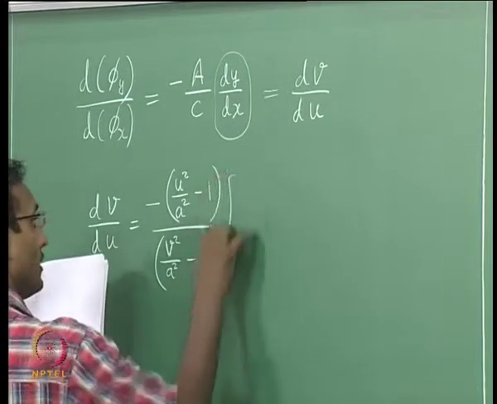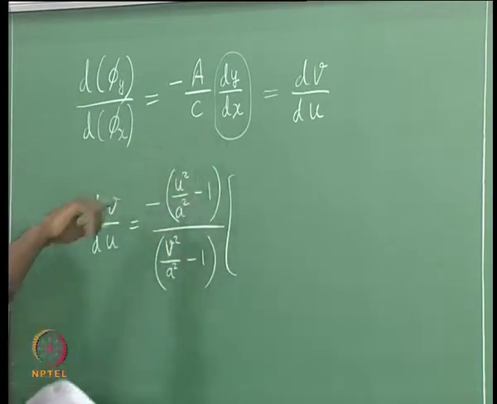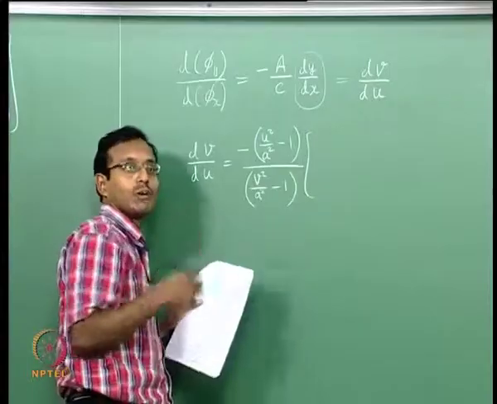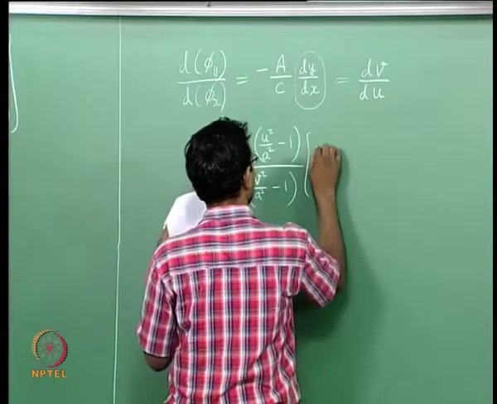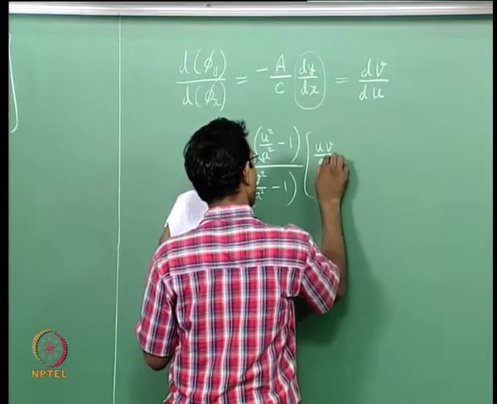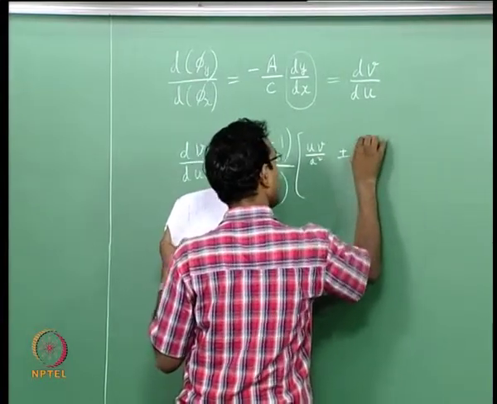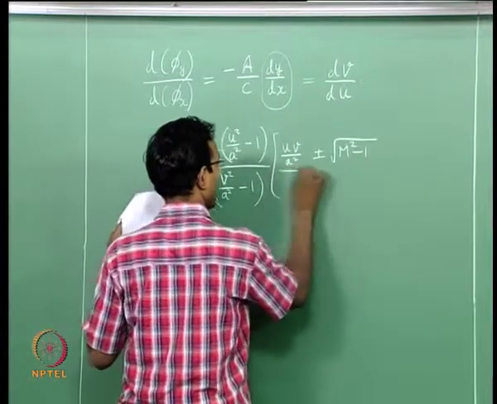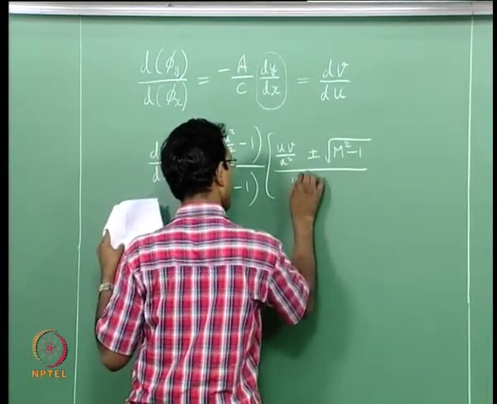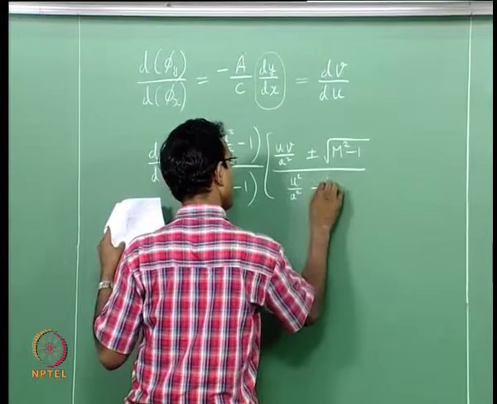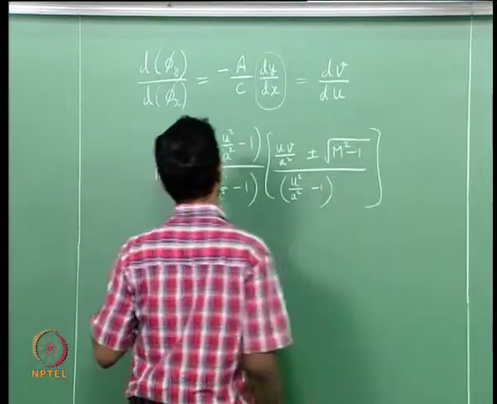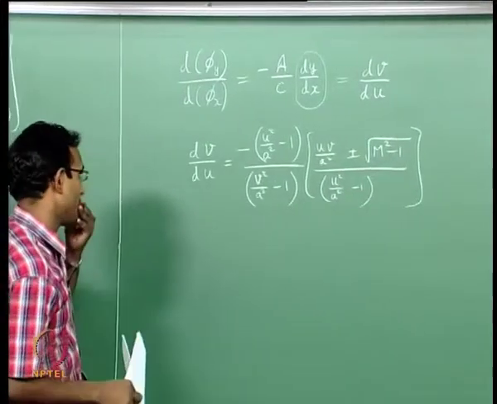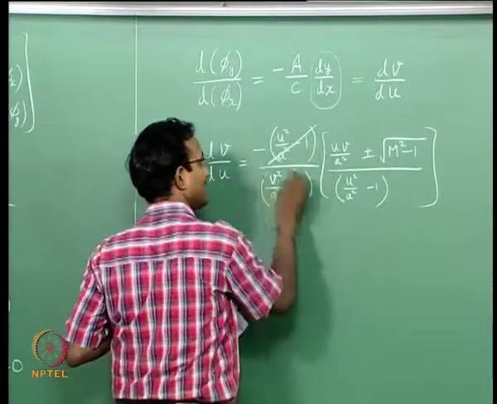Now inside I will write the expression we wrote for dy by dx in terms of u and v, so that things are getting simpler. That b square minus 4ac term we got to be m square minus 1, we will keep it that way. Writing it in this form so that I will get rid of this term.